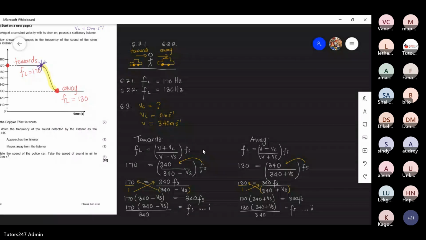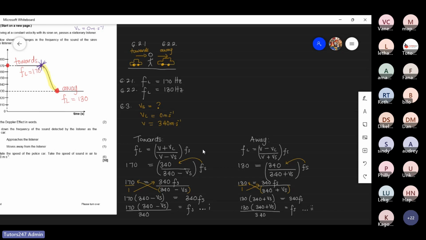Now, because this police car was passing the listener, two situations were created. As the police car is moving towards the stationary listener, there is going to be a greater frequency detected by the listener.